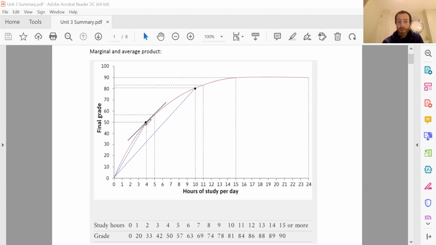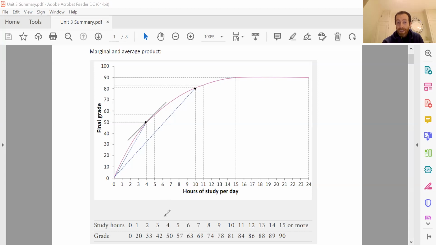So if we wanted to think about the marginal product at 4 hours of study, we're interested in how much I could add to my grade if I went from 4 to 5 hours of study. I could figure that out by drawing a tangent at the point 4 and then finding the slope of the tangent.